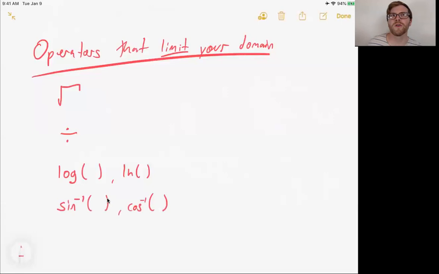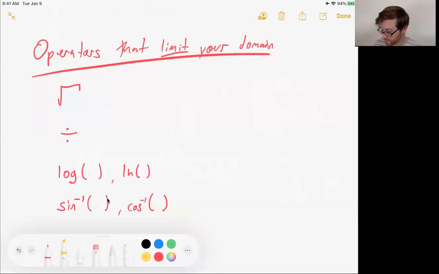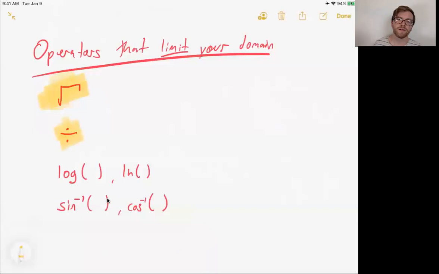Just so you know, you can't put any numbers that are smaller than -1 or bigger than 1 into sine inverse or cosine inverse. So really those are the main ones you have to look out for. And of those, for sure, the main ones are square roots and division. Most of the problems that you do for domain and range, those will be the things that are limiting your domain and range most of the time.